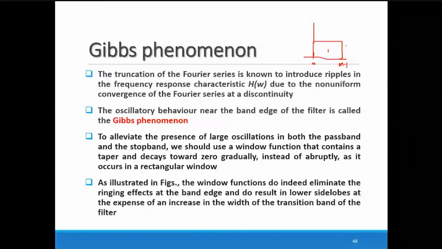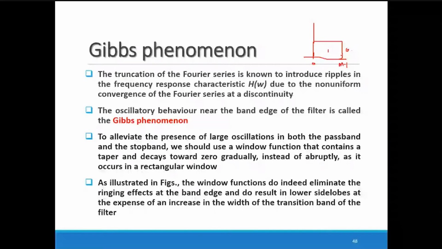So there is an abrupt change from 1 to 0, or from passband to stop band, in this rectangular window. But if you go for other windows where, instead of this abrupt change, it decays from passband to stop band gradually, then you are able to reduce these ripples. So instead of the rectangular window, we prefer windows which give you fewer ripples, or less oscillation compared to this.